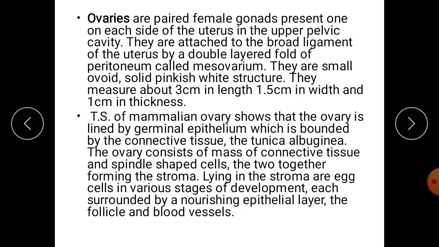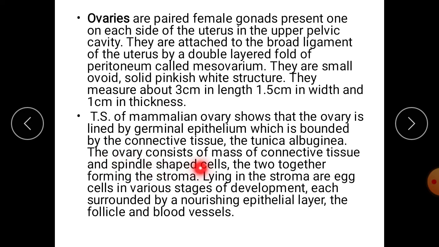TS of mammalian ovary shows that the ovary is lined by germinal epithelium, which is bounded by the connective tissue, the tunica albuginea. The connective tissue layer which encircles the germinal epithelium is called tunica albuginea.